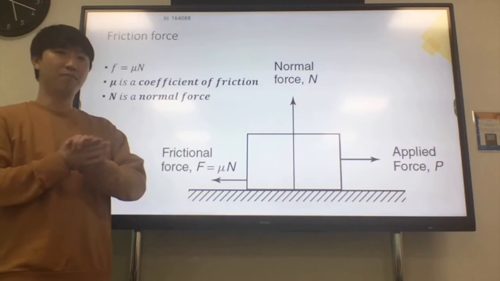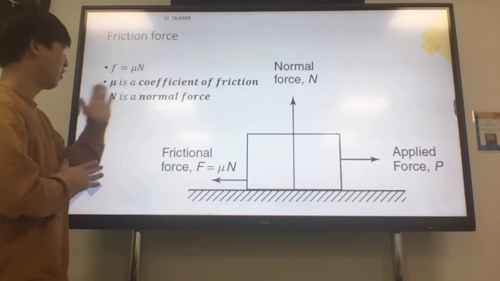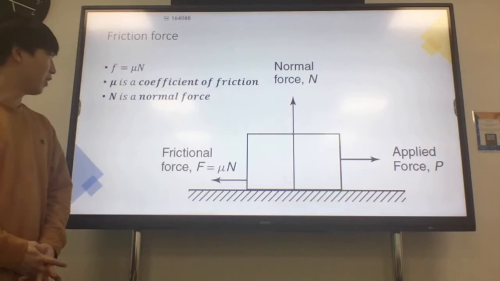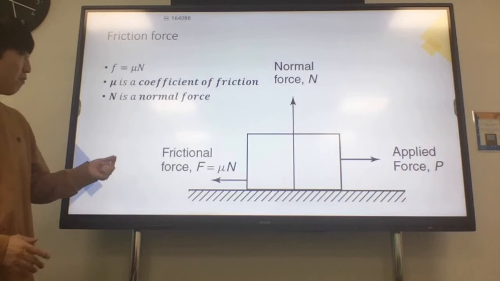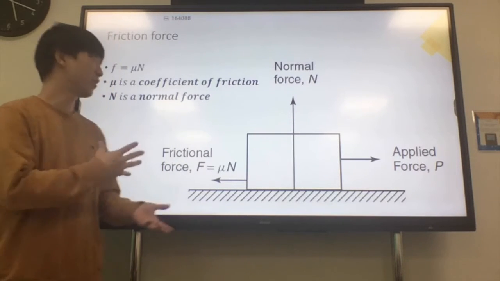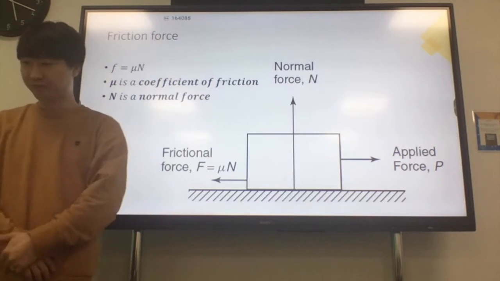I will explain more details on the coefficient of friction in the next slide. In this slide, let me explain a bit about normal force, since you have to understand what normal force is to understand friction force.